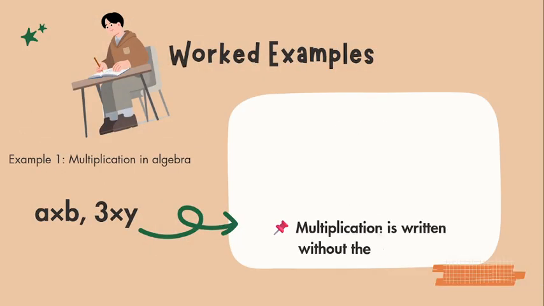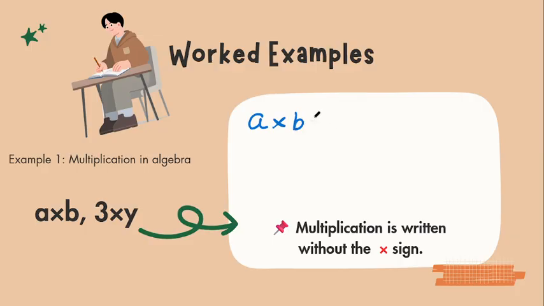Okay, worked example. Under that, I'm going to use examples. For each example, I will explain how to do them. So a times b and 3 times y. I will take the first example. a multiplied by b.